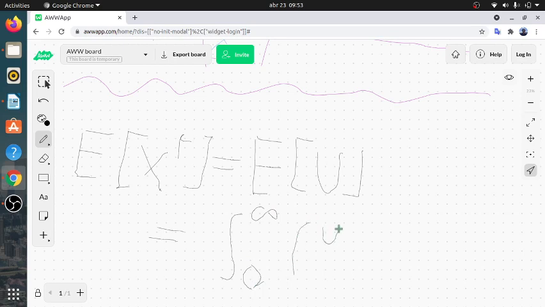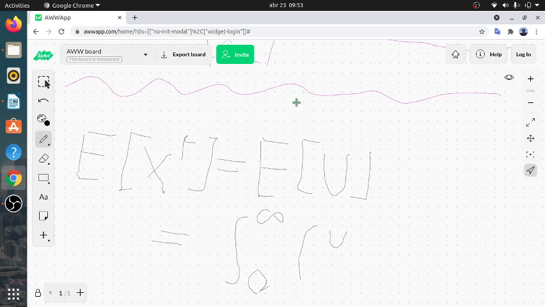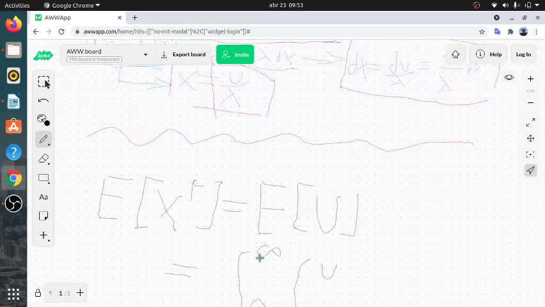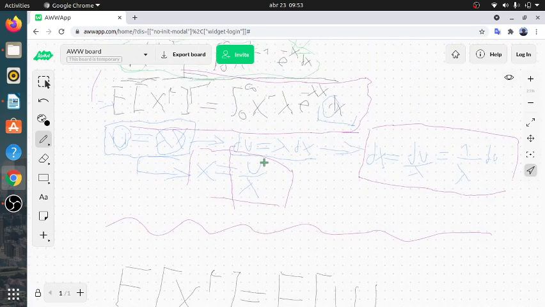We are just replacing, remember, this x we are changing using this second formula.